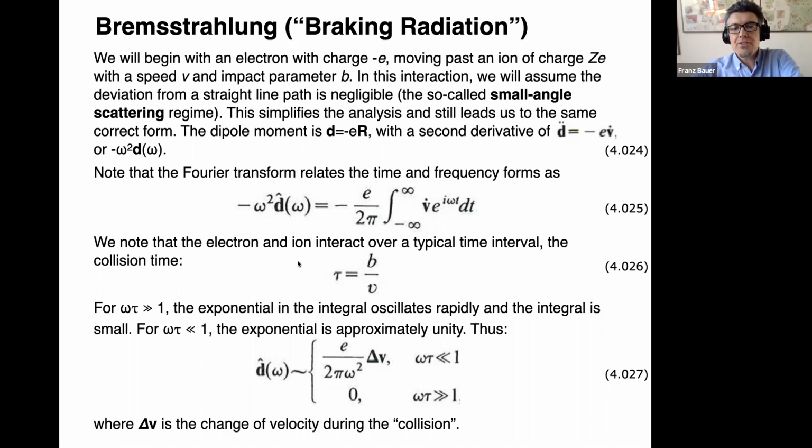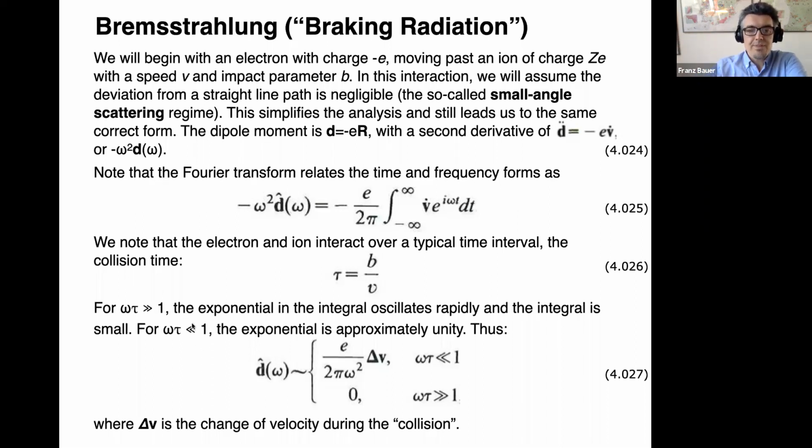So most of this interaction will happen over this collision time. If we have frequencies times the collision time which are much greater than 1, the oscillations will average out, and the overall integral will go towards 0. The integral will be very small.